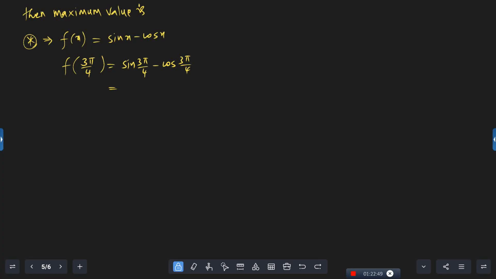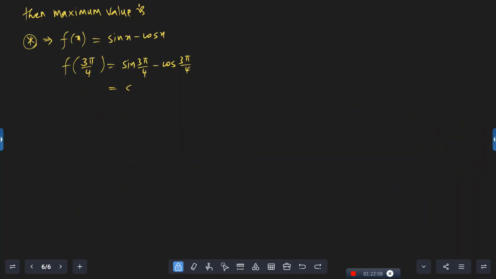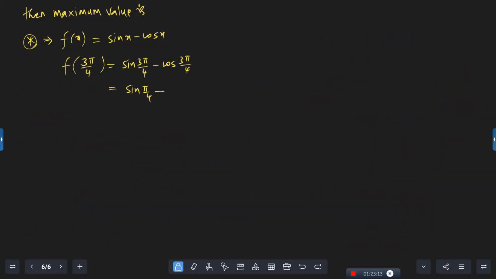We have simplified sin 3 pi by 4 as sin pi by 4, so directly I will write sin pi by 4. But cos, plus cos became minus cos, so I will write minus cos pi by 4.